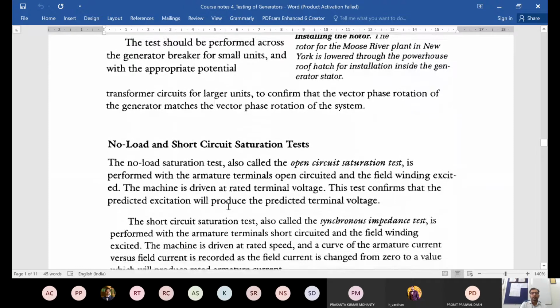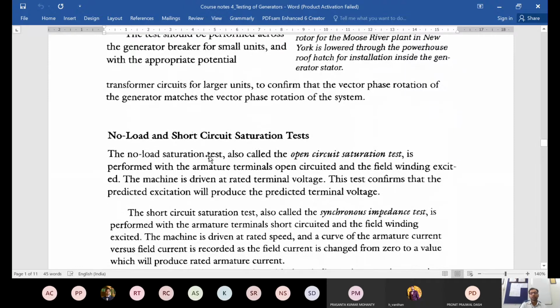Then the next one is the no load and short circuit saturation tests. These couple of tests help us identify the other parameters of the synchronous machine. If you recall the equivalent circuit of a synchronous machine, you have two important parameters: one is the armature resistance, another is the synchronous reactance.